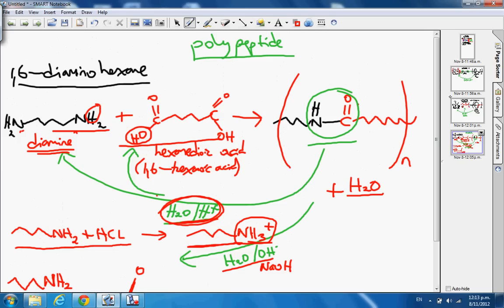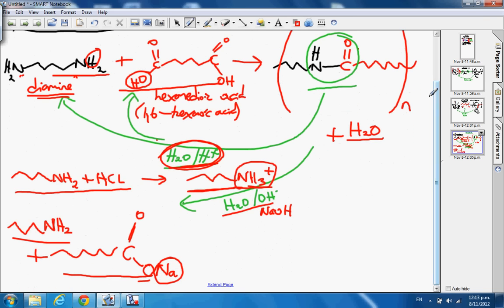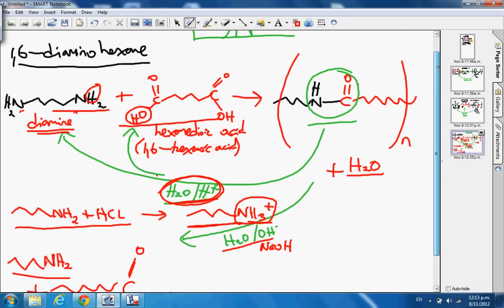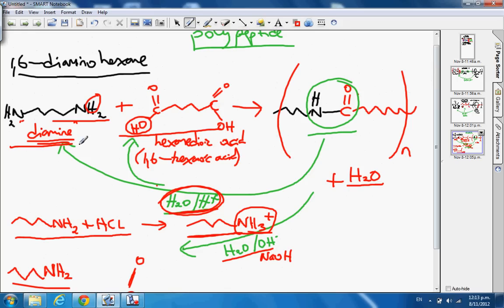Okay, the final polymer which I'm going to look at, and just to cover as well, I should mention with polypeptides, you can also form a polypeptide using a diamine and a diacyl chloride. So I'll just quickly write that in blue.